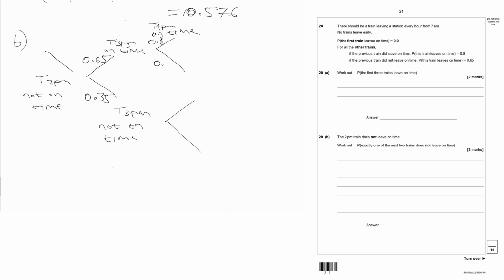And this is going to be 0.2. And not on time. And then because this train did not leave on time, then the next train, the probability this is on time is 0.65, and the probability this is not is 0.35 again.